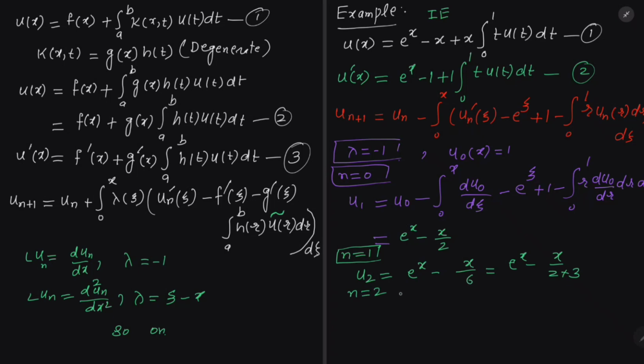Similarly, when n is equal to 2, we have u3. I will just write the answer: e^x minus 1 over 18 x, and this can be written as minus 1 over 2 cross 3 square x.